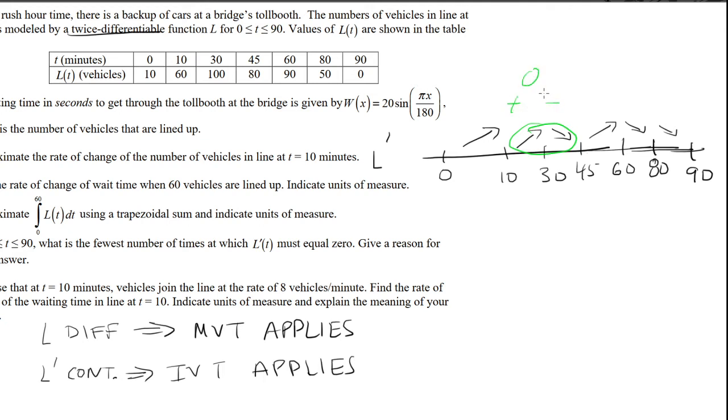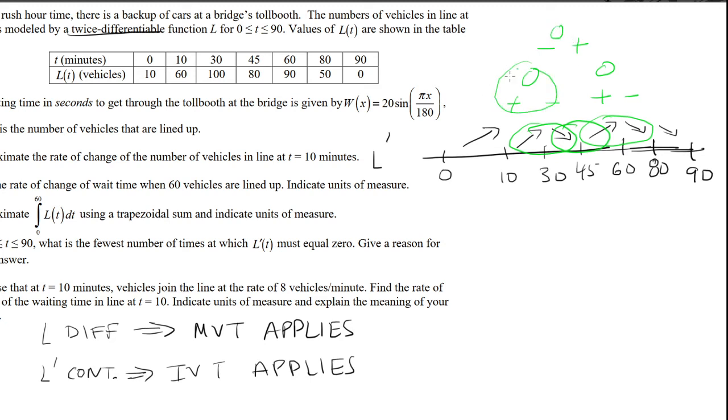So that means that because it's continuous, it has to hit 0. And over here at 60, it has to hit 0 because it changes from positive to negative. And also, let's not forget 45. That changes from negative to positive. So that means it has to cross 0.